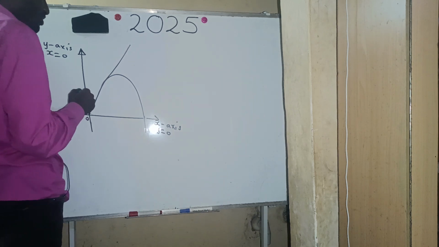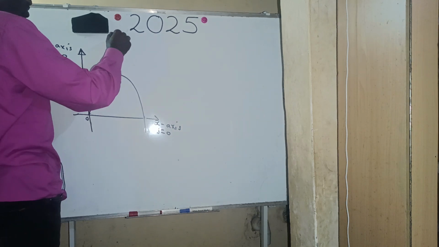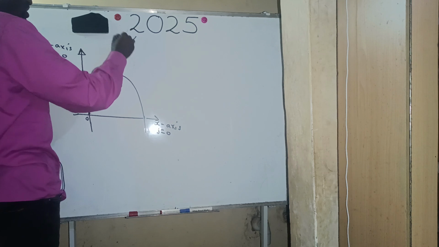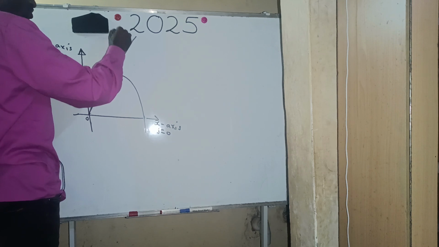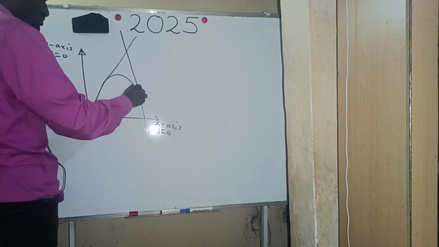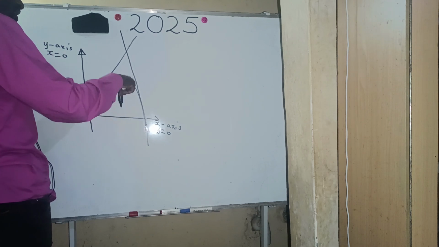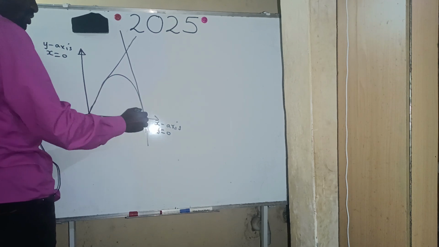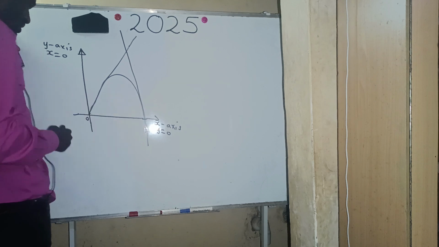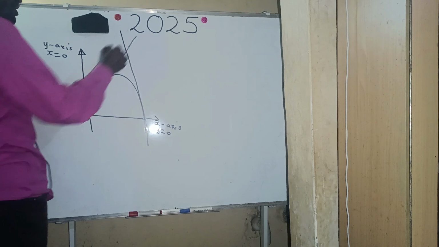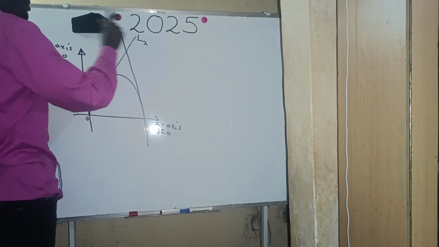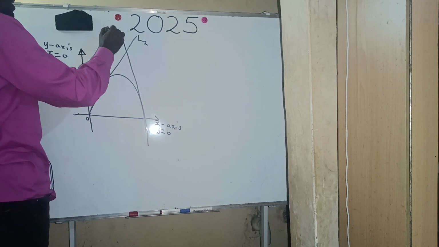We're also forming part of this working. I've also been told that there is another straight line that is moving like this. And of course the curve and the line on this end are intersecting at a point on the x-axis. So we've been given this as line 2, and this is given as line 1.